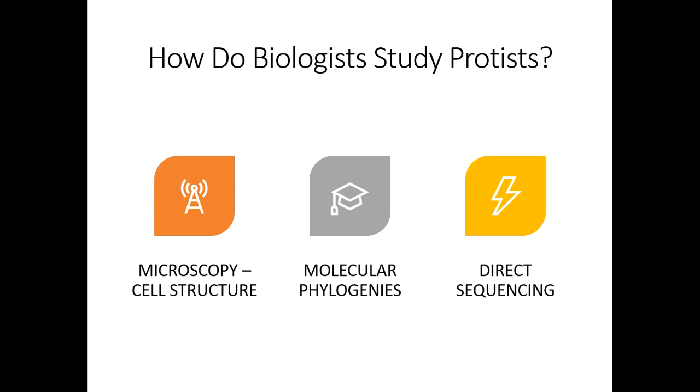Okay, so what are some of the ways that biologists study protists? They study them through microscopy, studying cell structures. So we can look and see that many protists have characteristic overall forms. They have organelles with distinctive features. We can see that. For example, there are flagella with hair-like projections that we see on these protists, and specifically the ones on the protists that were in the potato famine could be linked to that problem.